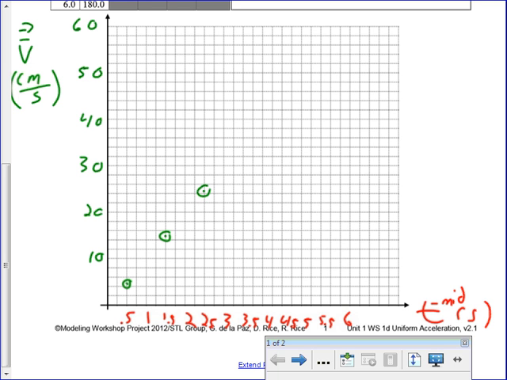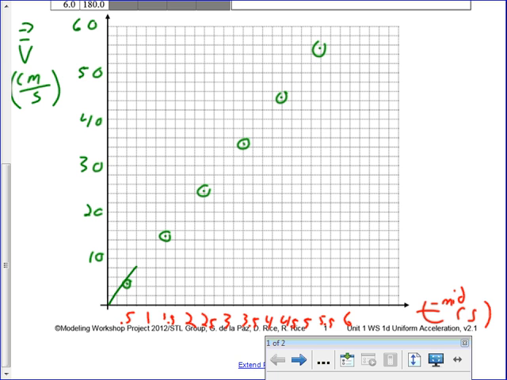At 3.5 seconds, I had a velocity equal to 35. At 4.5 seconds, I had a velocity equal to 45. And at 5.5 seconds, I had a velocity equal to 55.